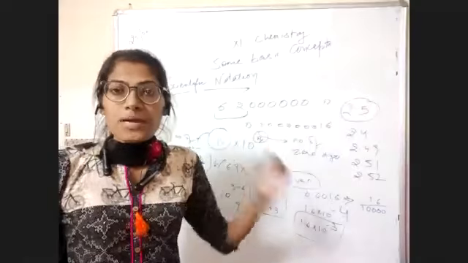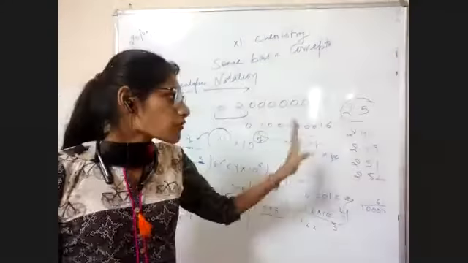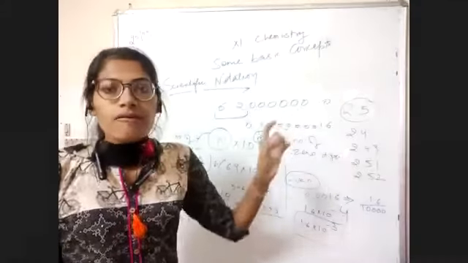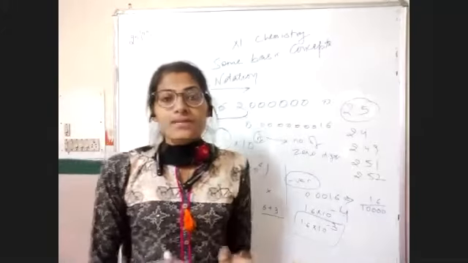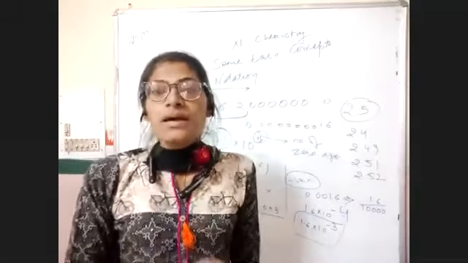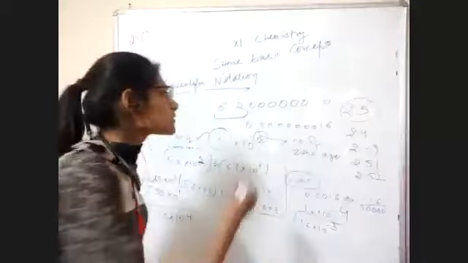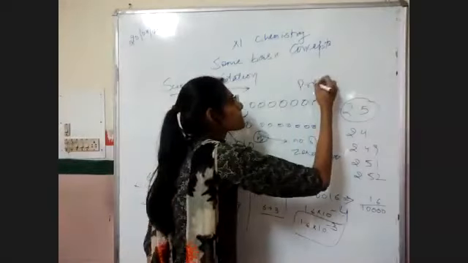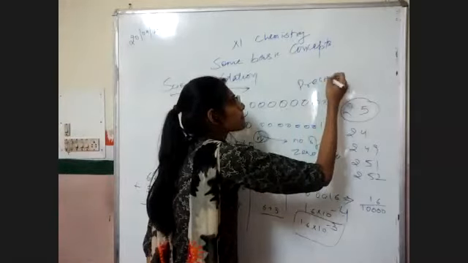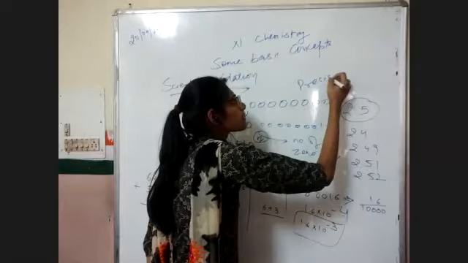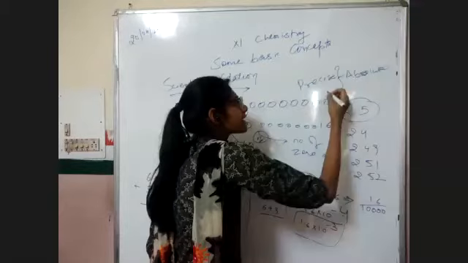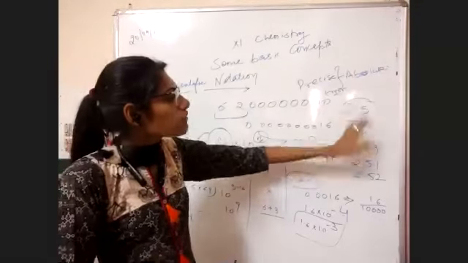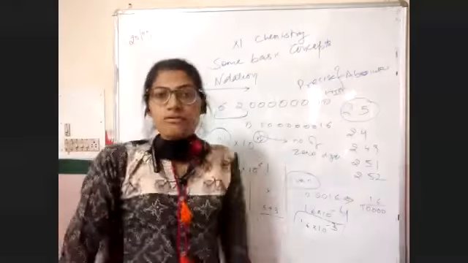So for this problem we have to add another term, that is known as precise. Precise means exact, without this error, like we are having 2.5 but one says 2.4, 2.49, 2.51, 2.52.